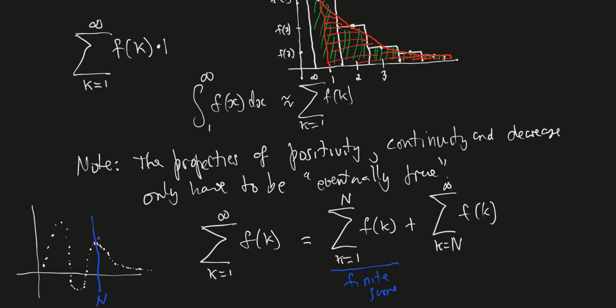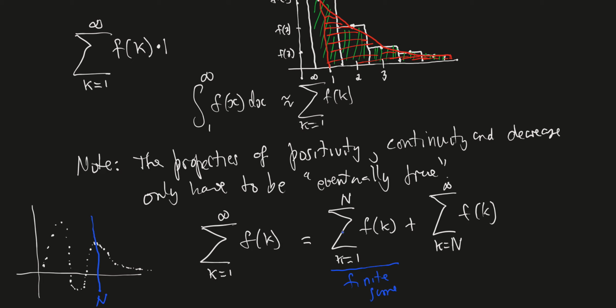And then if my properties of positivity, continuity, and decrease kick in after that, then I just focus on this part, comparing it to the integral going from N to infinity, and I would see if that converges.